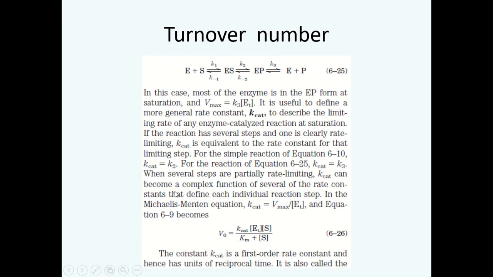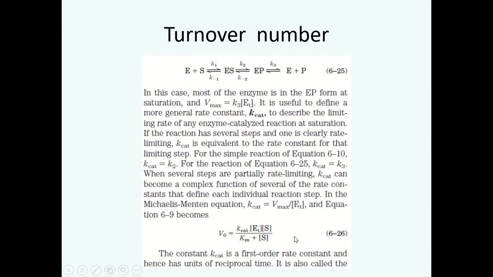Another important parameter to describe the kinetic efficacy of enzymes is called the turnover number. The turnover number represents how much substrate is converted into product per molecule of the enzyme.